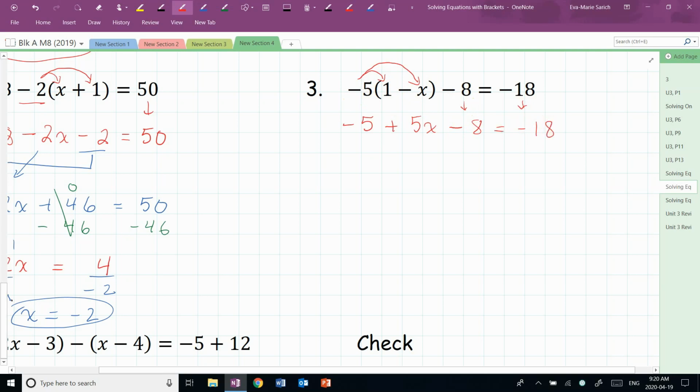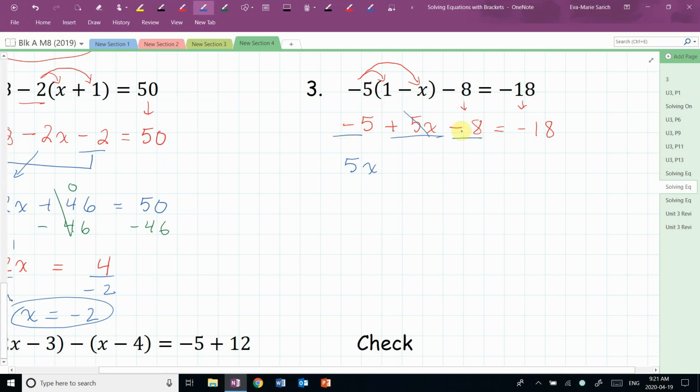All right, the next step is to add any like terms. Now, most of you like the x group to go first. You don't have to, so we'll start with that. There's only one x group, so we'll put 5x first. You can put the plus in front, but you don't need to, right? The invisible no sign means positive. Now we're going to put together the -5 and the -8.